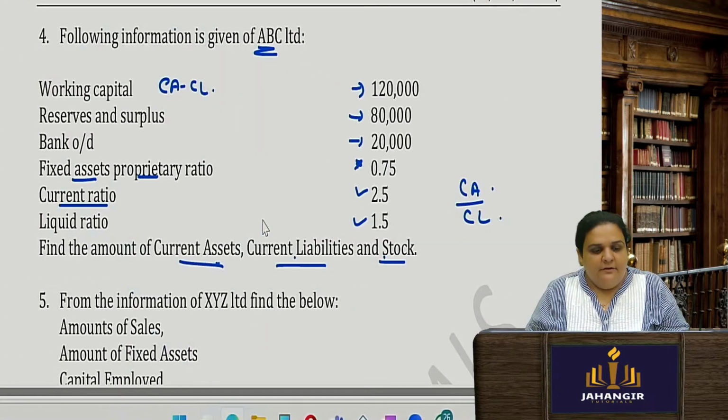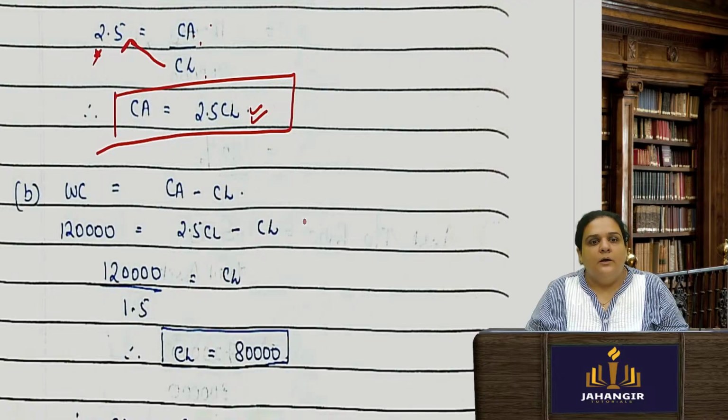Next, they have given me working capital of 1,20,000. Working capital is nothing but current assets minus current liabilities. So 1,20,000 equals, instead of current assets, I am writing 2.5 of current liability from this equation, minus again current liability. 2.5 current liability minus 1 current liability will be 1.5.